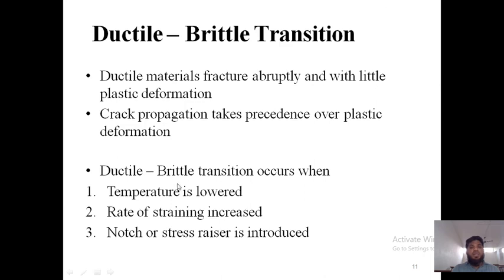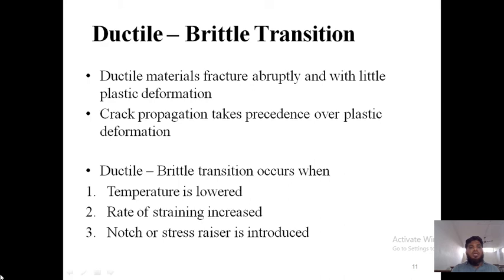The most important factor is that temperature is lowered. Then the rate of straining is increased. If you keep on applying the strain, that is, if you keep on extending it, at some point it will convert to brittle. We have even seen that if you work harden the material, the ductile material will convert to brittle material.